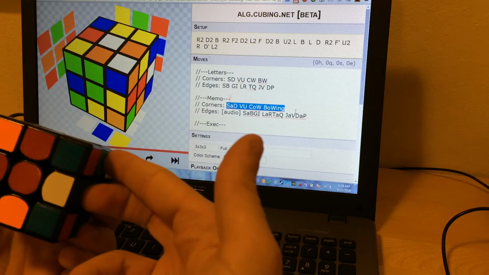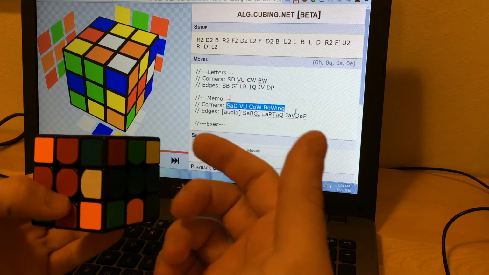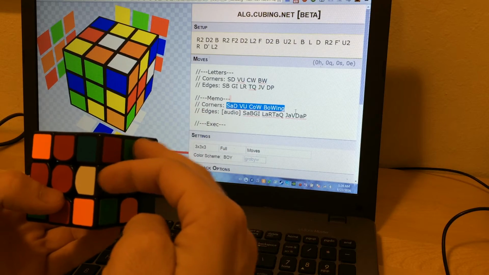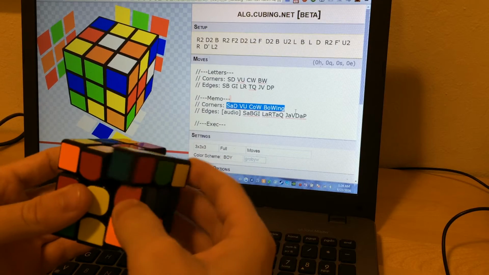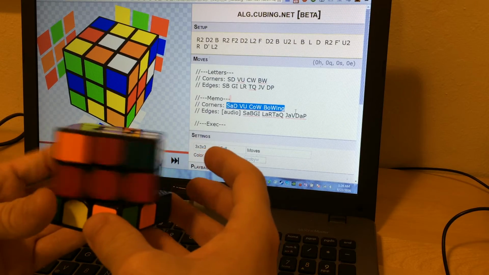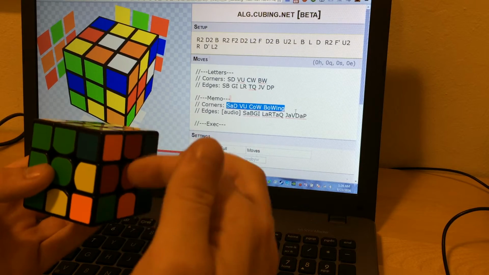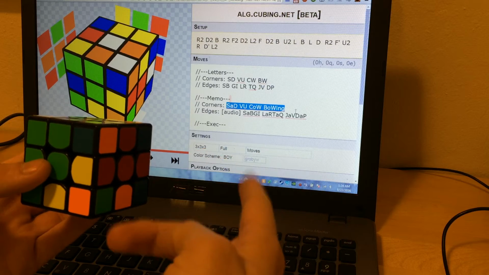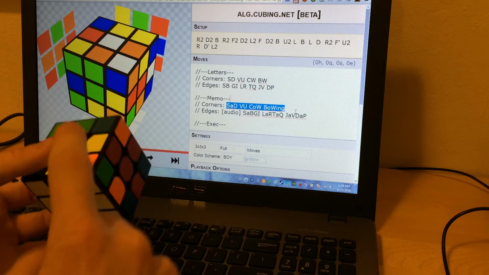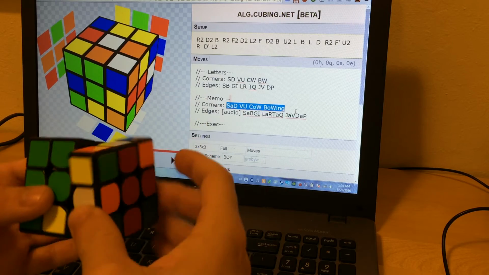TQ, we're gonna do a wide U setup, and then it's basically this. Because it's the equivalent of these two. Then we're gonna cycle break, so this is basically like M2 stuff again.